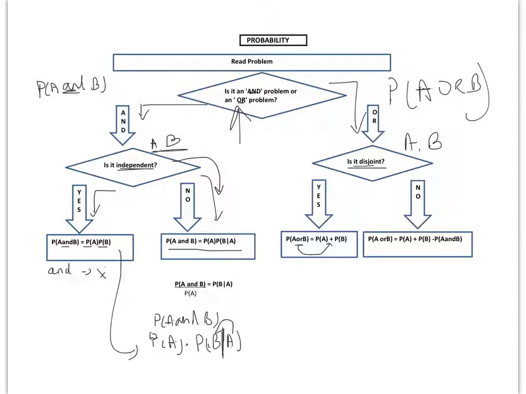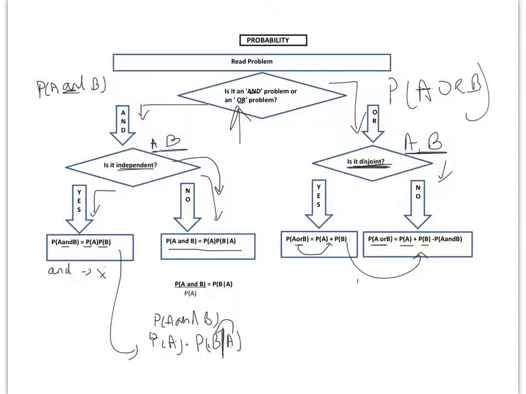Now, if you're asking yourself, are A and B disjoint, and your answer is no, which means there is an overlap, in that case, you'd have to go probability of A or B is the probability of A plus the probability of B, and notice there's nothing different so far.